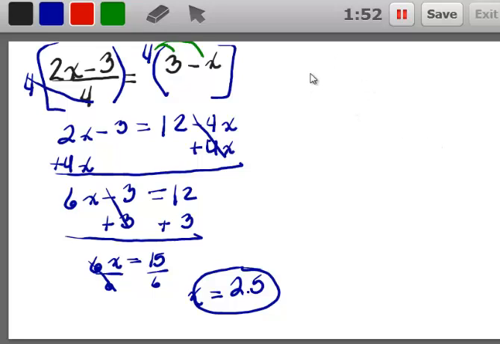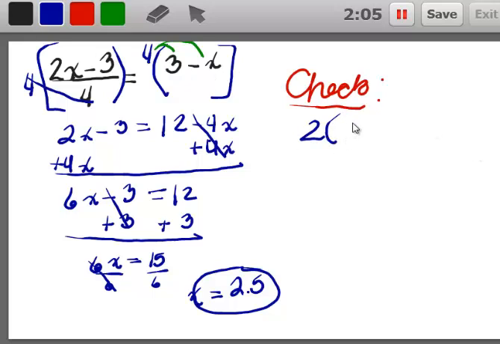Now, you must always check your work. Alright, so you write this in: 2 times 5/2 or 2.5. Substitute in.